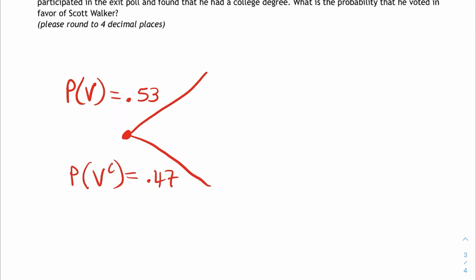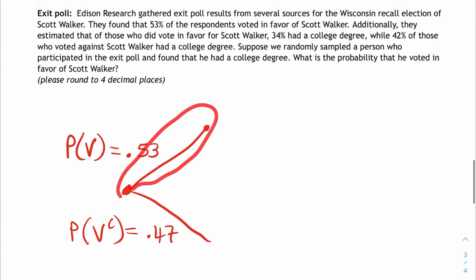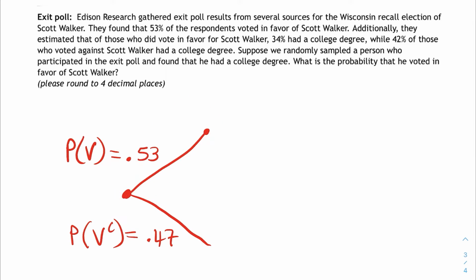All right, now for the second branch of your tree, or the second pair of branches, we are going to have conditional probabilities. So in this case, we already know that these people on this top branch voted for Scott Walker. So of those people that voted for Scott Walker, we already know that fact, 34% of them had college degrees.